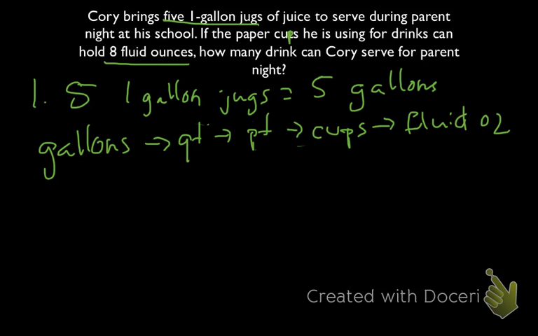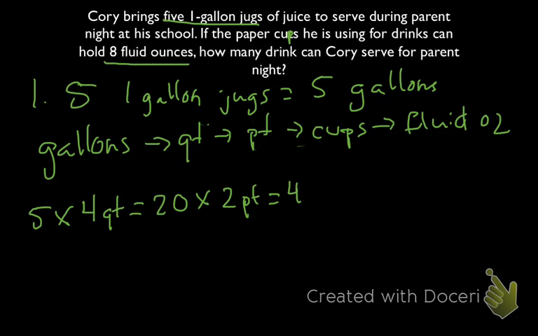So if he has 5 gallons, we're going to have to basically multiply every single time. 5 gallons times 4 quarts to a gallon. That'll get our answer in quarts. That's 20. Times 2 pints in a quart, which gives us 40 pints.